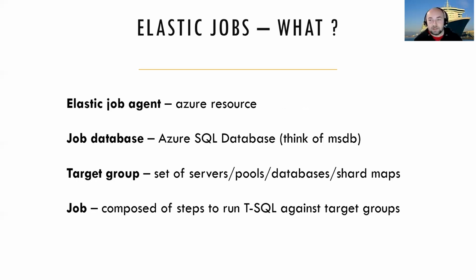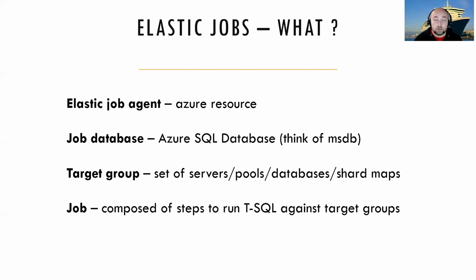The Elastic jobs have 4 main components. So the agent is the main one, where we need to configure that service in Azure. We also need a job database, which is a place where all the system procs tables are stored.